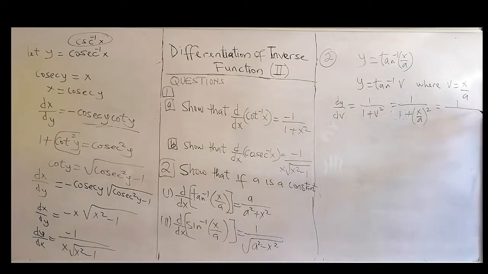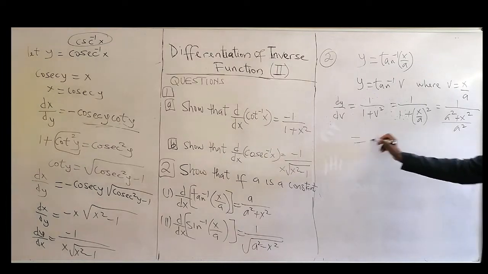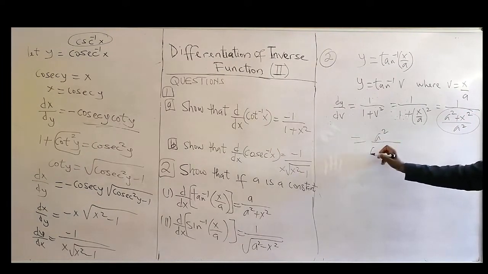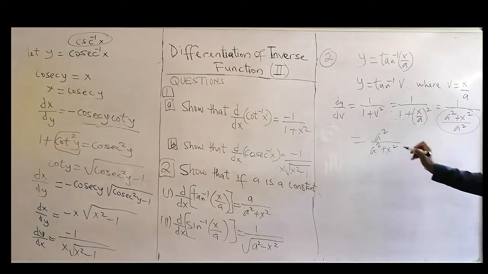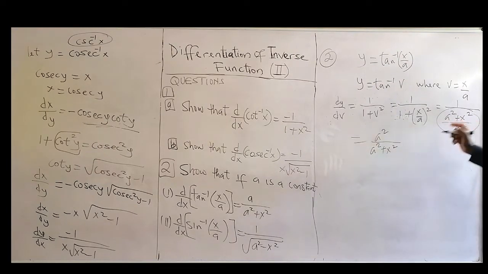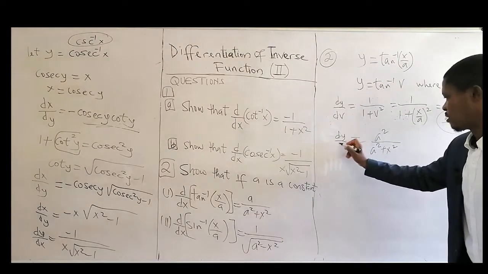And that will be 1 over a squared plus x squared over a squared. Okay, and if you take the inverse of this, you have a squared over a squared plus x squared. So that's your dy/dv.